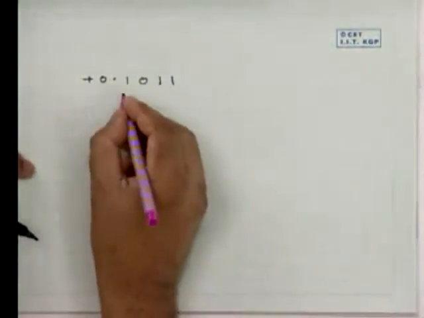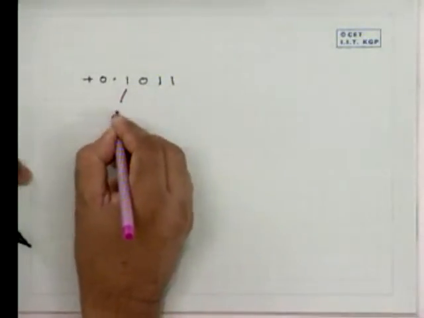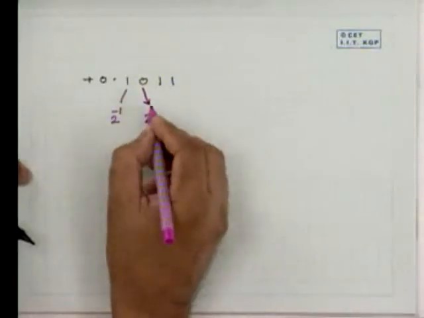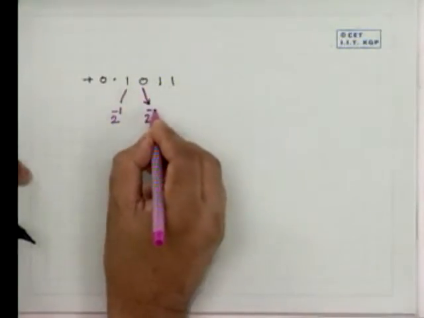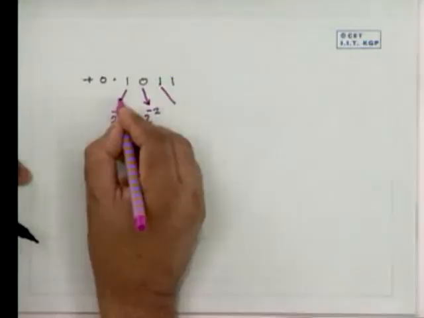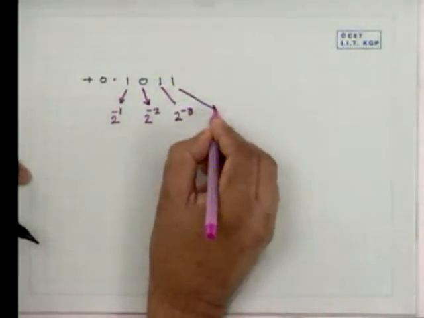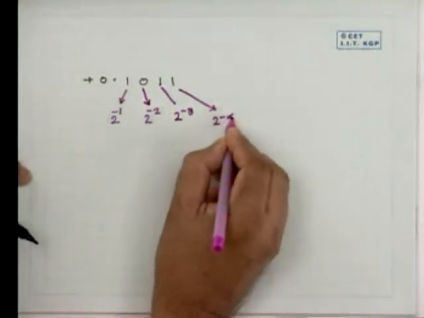The weight of this bit is 2 to the power minus 1, the weight of this bit is 2 to the power minus 2, the weight of this bit is 2 to the power minus 3, and the weight of this is 2 to the power minus 4.